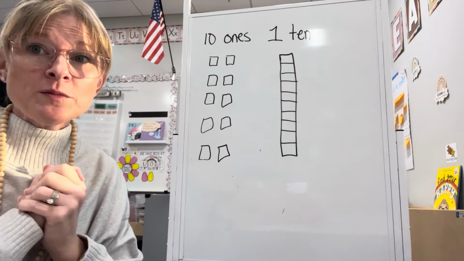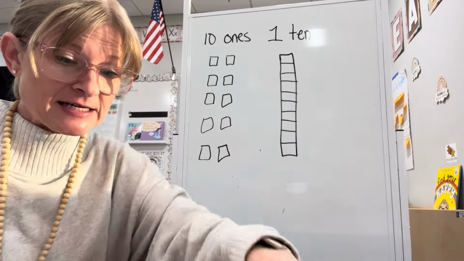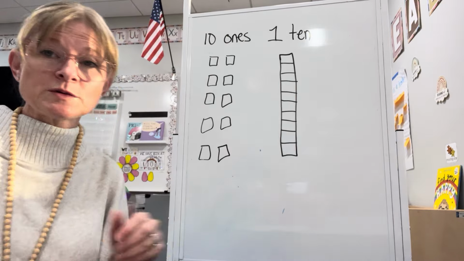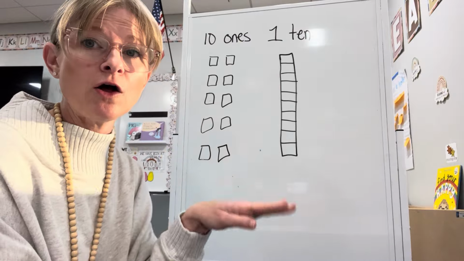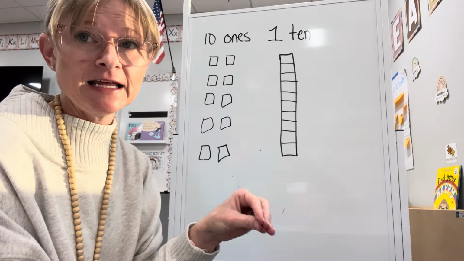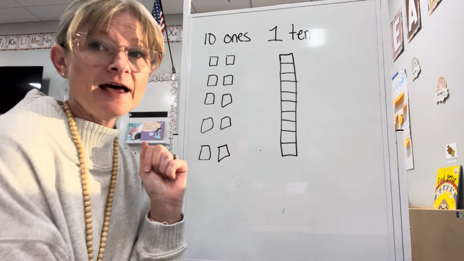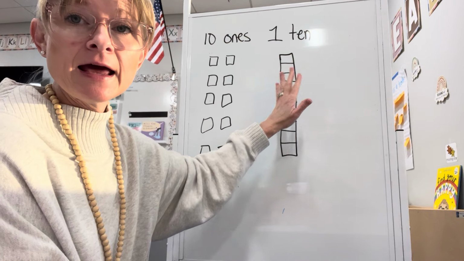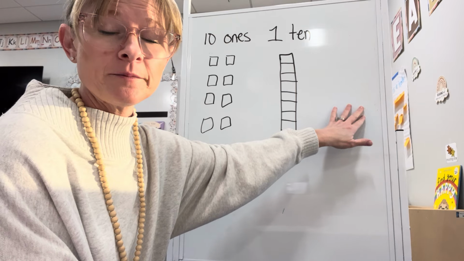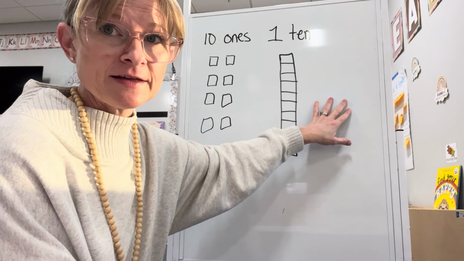When we moved on and practiced 11, 12, and 13, I need you to keep in mind that that is 1 10, which equals 10, and however many ones to make that number.